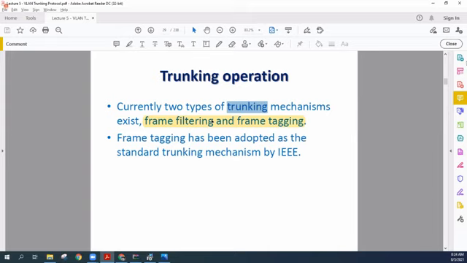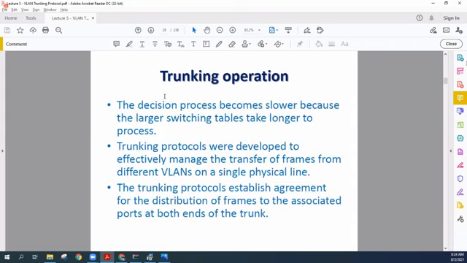I think frame filtering is the one they try to explain here, which is large switching tables taking longer to process. That means large switching tables are there at the switches. Then trunking protocols were developed to efficiently manage the transfer of frames from the different VLANs on a single physical line.